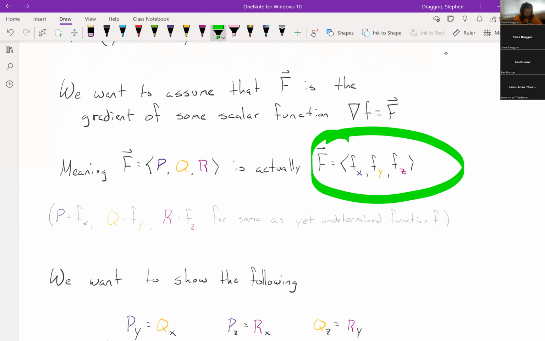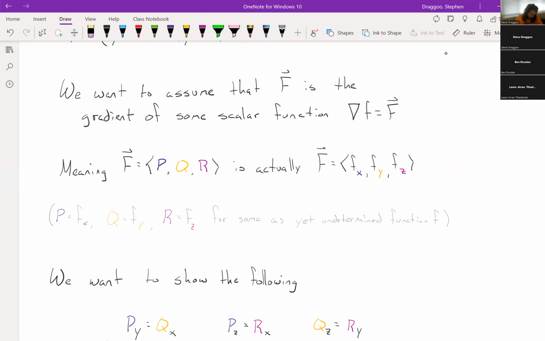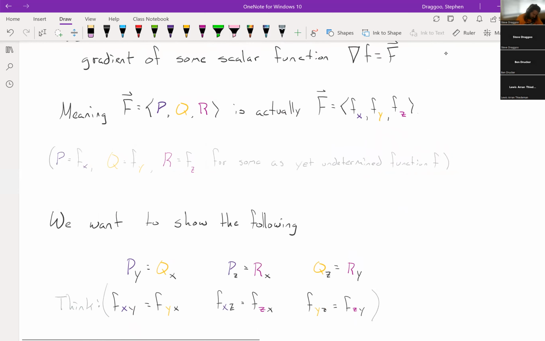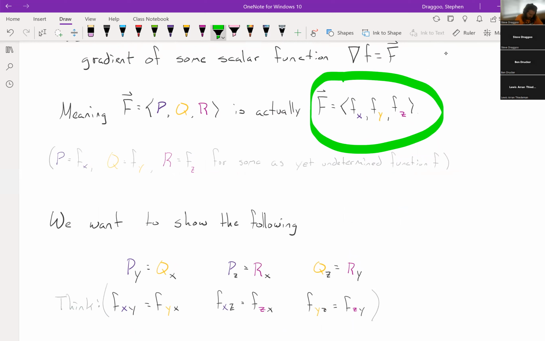So we're just assigning P, Q, and R arbitrarily to be the labels on the three components of big F, the vector field. But what I'm thinking in my head is that I want each of those components to be a partial derivative, because that's what it's going to mean for a vector field to be conservative, is that I got the field by taking the gradient of some scalar function. Cool. So I'm going to leave that highlighted because that's important.